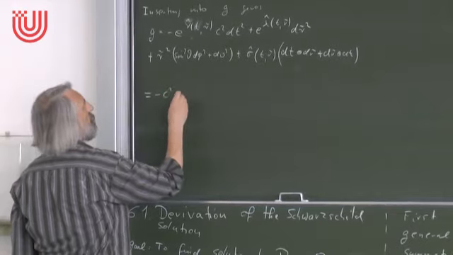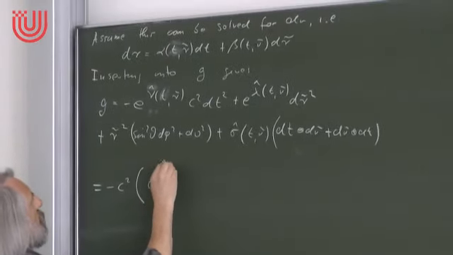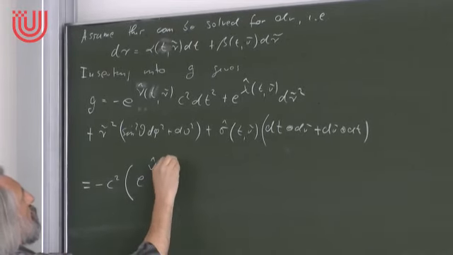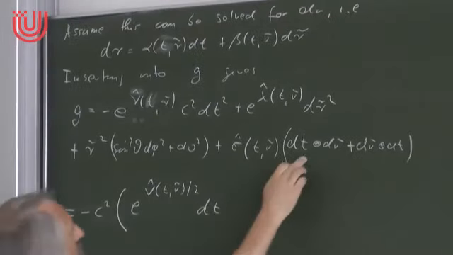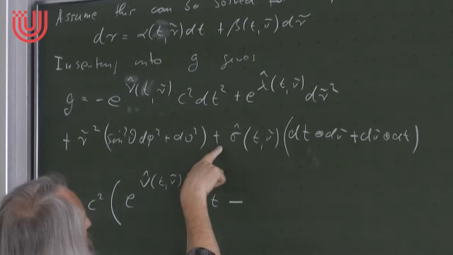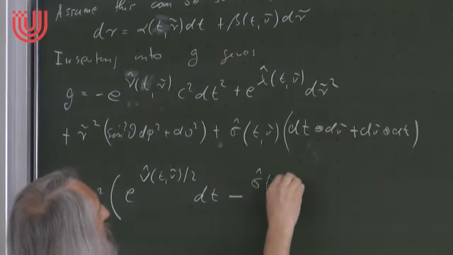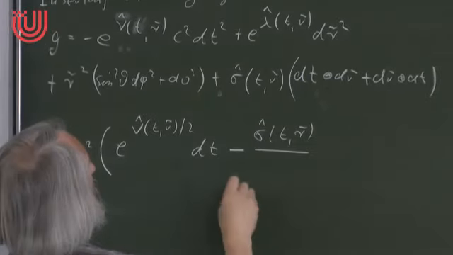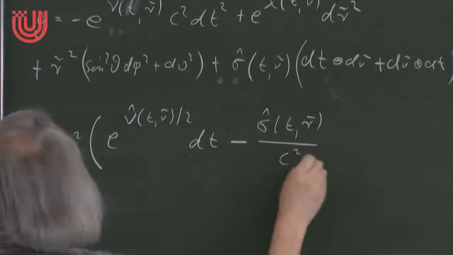So let's take a c squared out of the bracket. Then I definitely need an e to the nu hat of r tilde half times dt. And from this I have a minus in front, so I need another minus to get a plus: sigma hat of t and r tilde. And here I have no c, and here I have a c squared in front, so I think I need a c squared here.